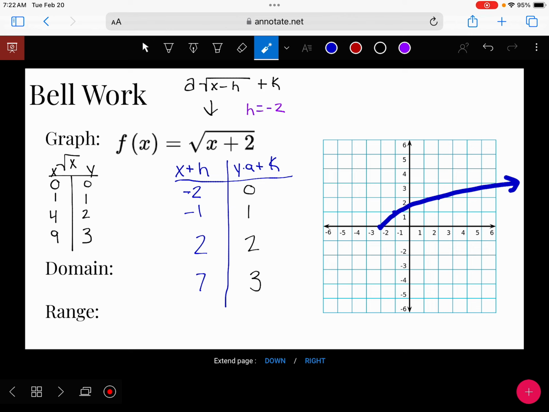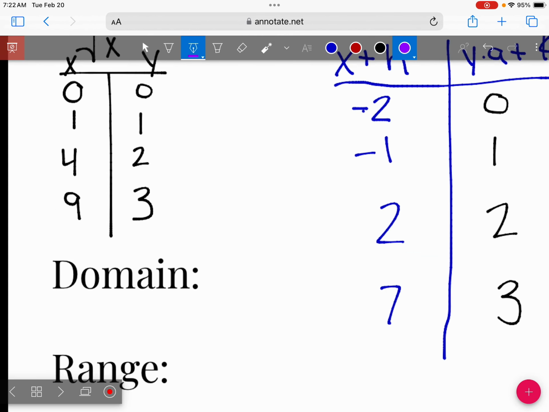So the other pieces we were asked were our domain and range. Remembering that our domain has all to do with our x values. What's the rule our x values have to follow for this particular function? Where are my x values all living?